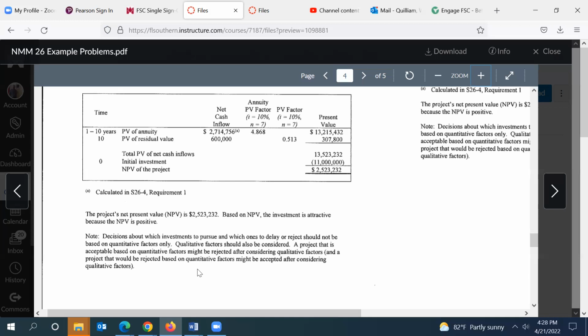And a project that would have been rejected based on quantitative factors might be accepted after considering qualitative factors. So in other words, balance out these numbers with some reasoning process. That's true. However, in this class, we're just going to run the numbers. But I just wanted to let you know there's a little caution.